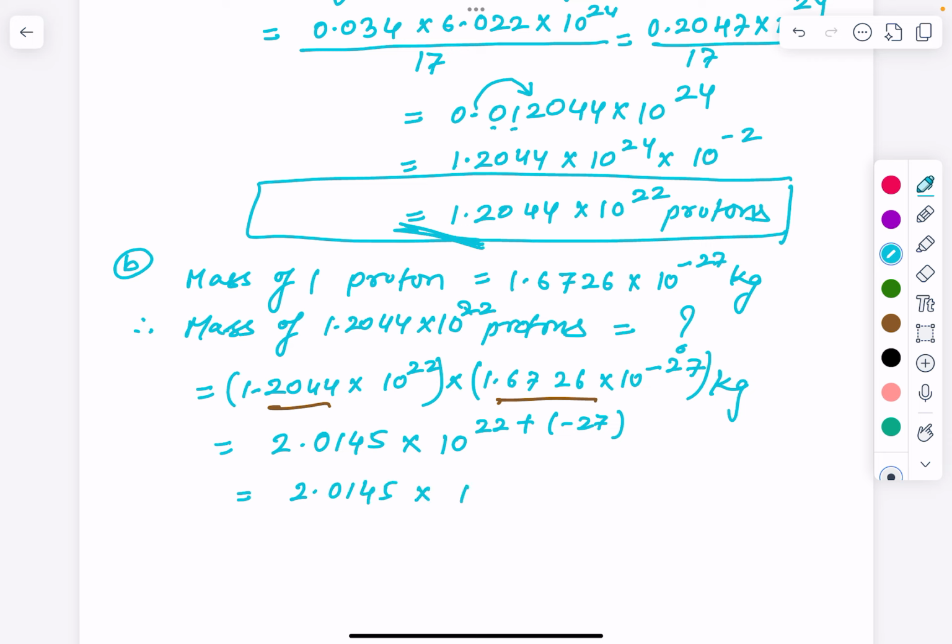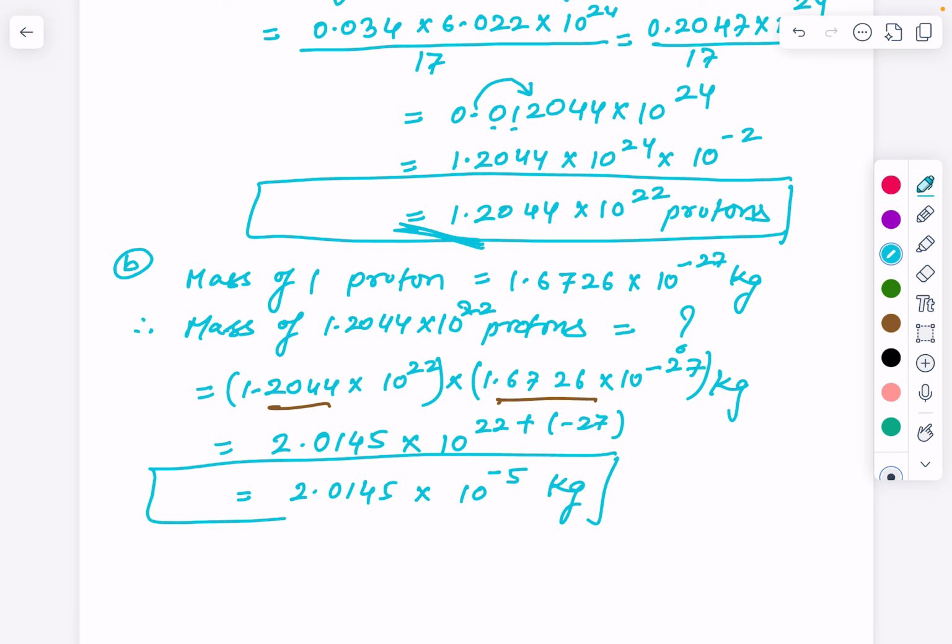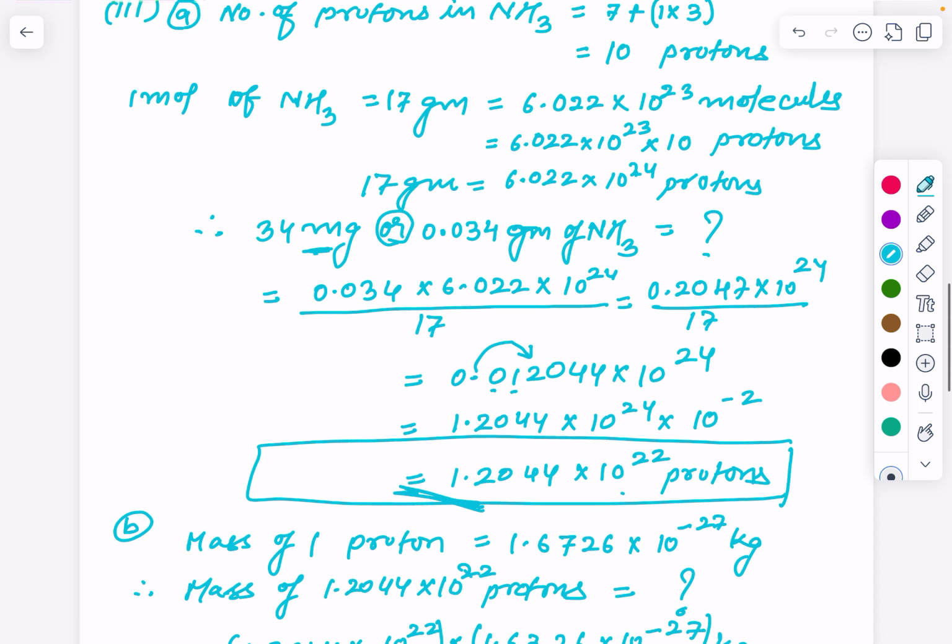You will get 10 to the power of 5, but as 27 is greater, the minus sign has to be there over 10. So it is 10 to the power of minus 5 kg. So that is the mass of 1.2044 into 10 to the power of 22 protons. That is the final answer.